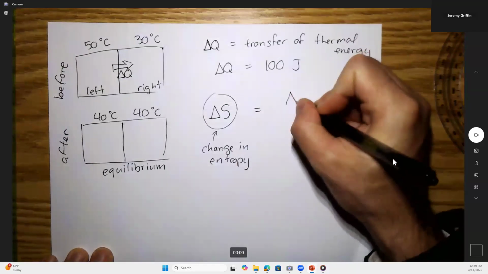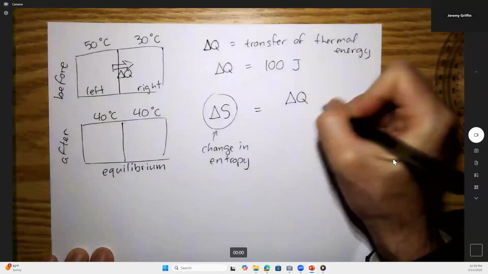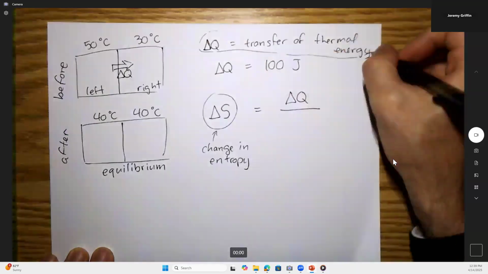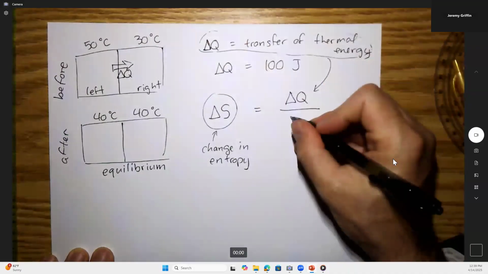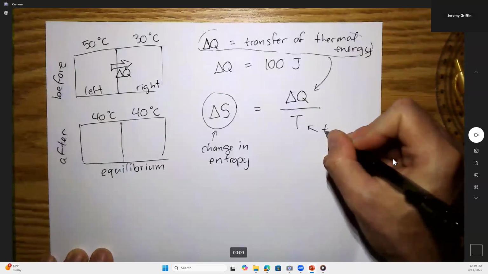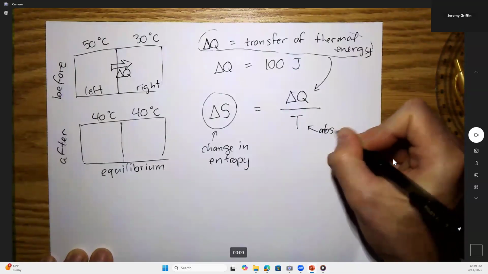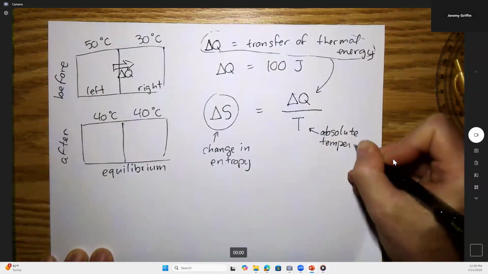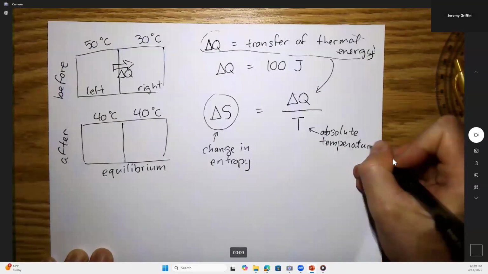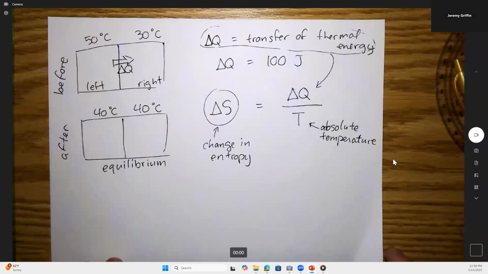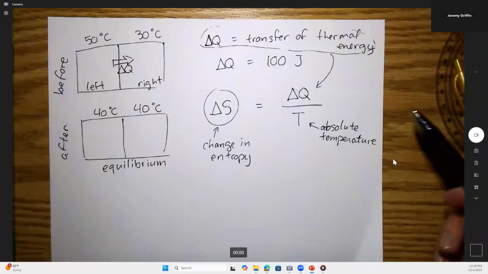So the formula goes: the transfer of thermal energy, which could be some number of joules, divided by the absolute temperature that this all happens at. So I'll call it absolute temperature. Like you guys just told me a minute ago, I have to plug in some number of Kelvin to make that work. Because Celsius wouldn't make any sense, because it could go negative. Right, so it has to be absolute, it has to be Kelvin.